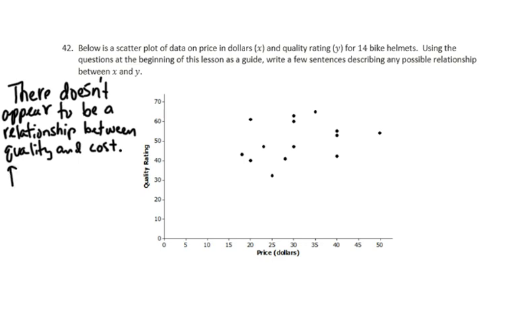And the reason being that the points are randomly scattered. Not really a trend to them or a pattern. So the points are randomly scattered with no apparent pattern.